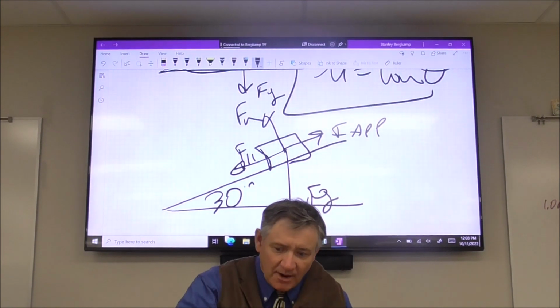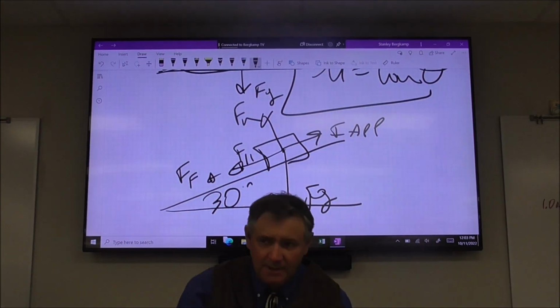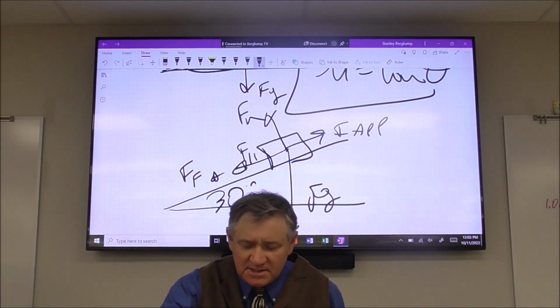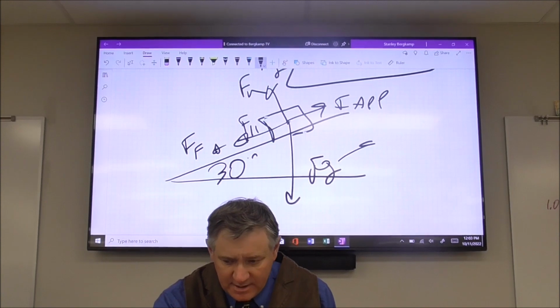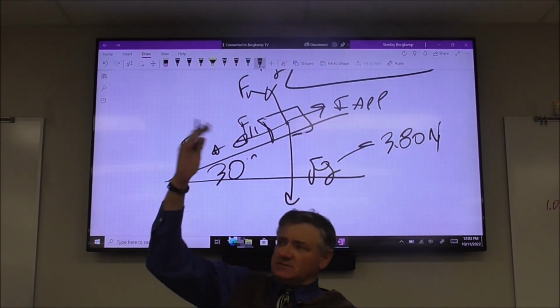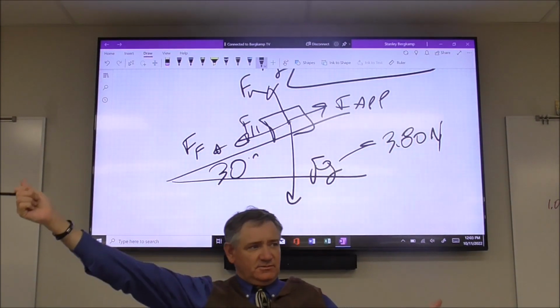There's friction. Here's how you know that there's a frictional force. Let's just say that your block weighs 3.80 newtons, so that's the gravitational pull. You lifted it up, and you got the reading on the scale, 3.80 newtons.